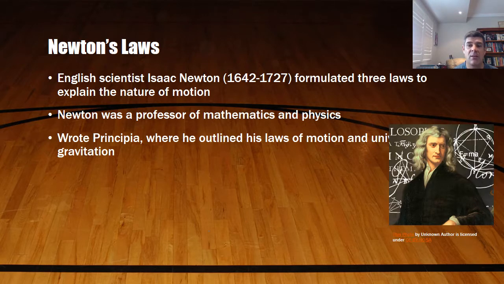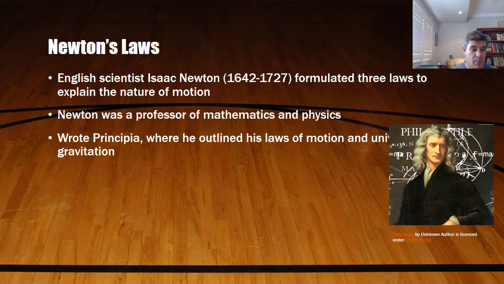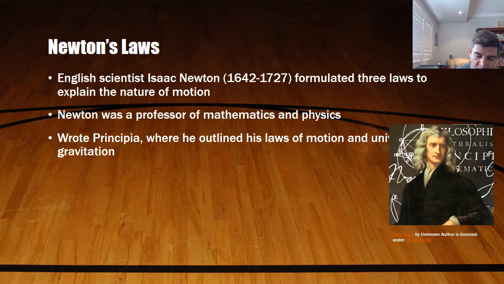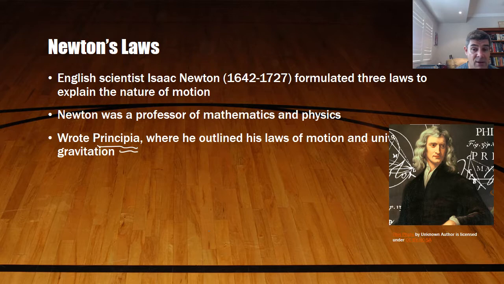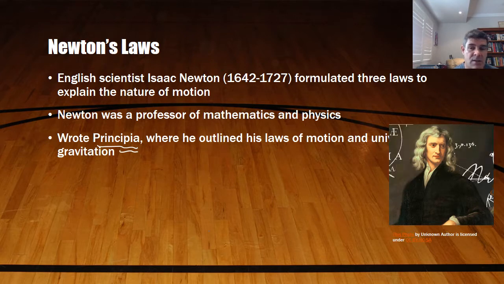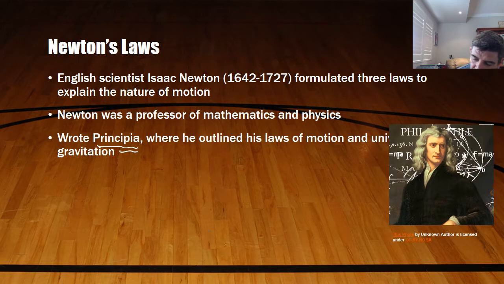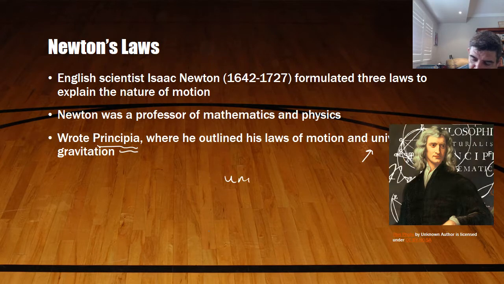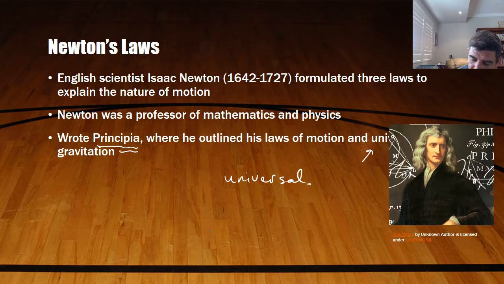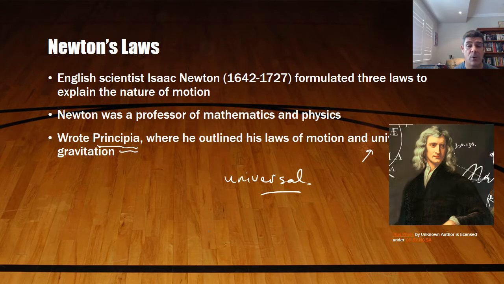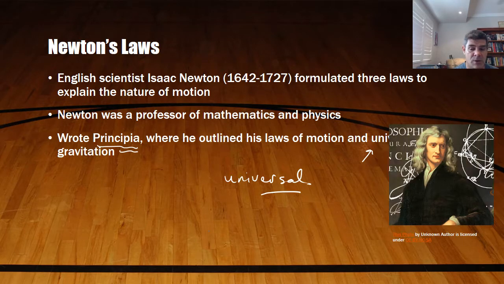What's really important is the book he wrote, the Principia, which was and remains one of the most important scientific works. In it he outlined his laws of motion and also universal gravitation. These are things we may look at a little more in this topic, and certainly you will look at them in senior physics.